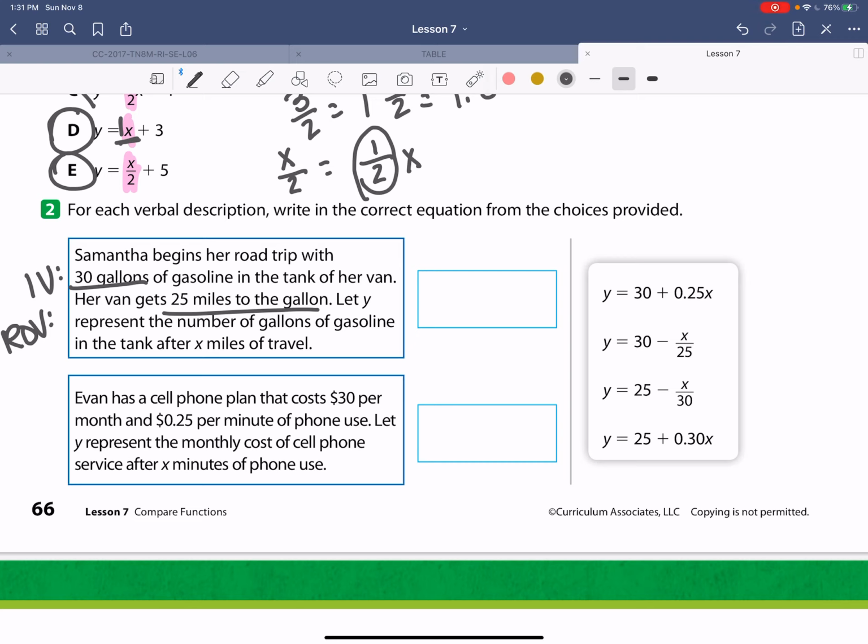Let Y represent the number of gallons of gasoline in the tank after X miles of travel. So this one should be the one that starts off with 30, and then we have our 25 miles to the gallon.